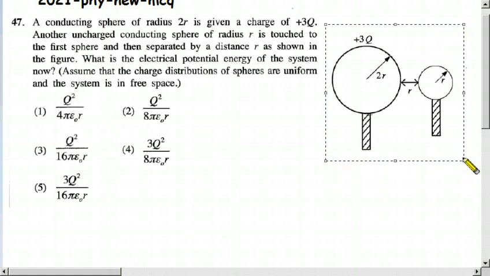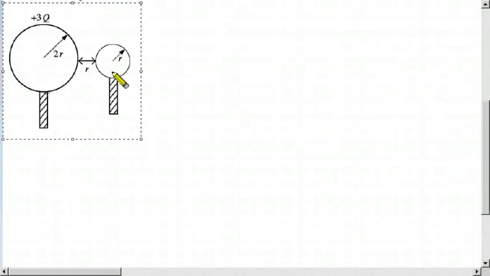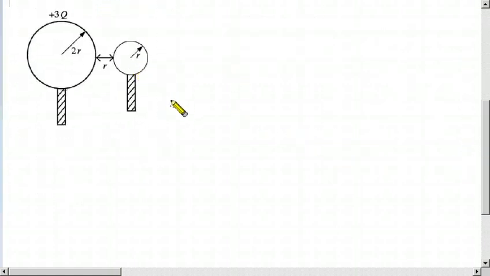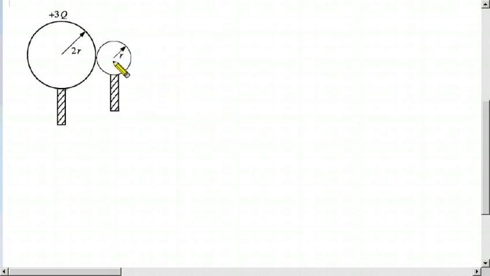Let us take a copy. Then this smaller sphere is moved towards the bigger one and touched like this. So what happens? The charges from the bigger one flow to this neutral sphere because it has no charge.